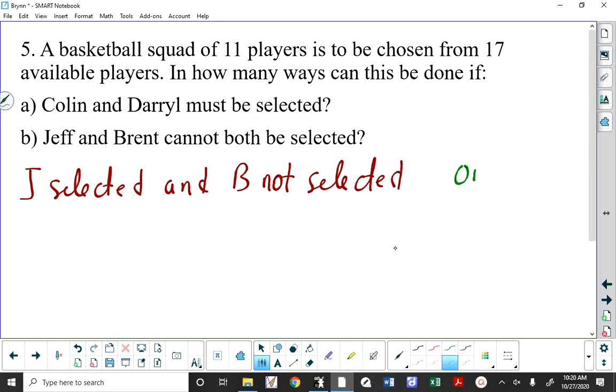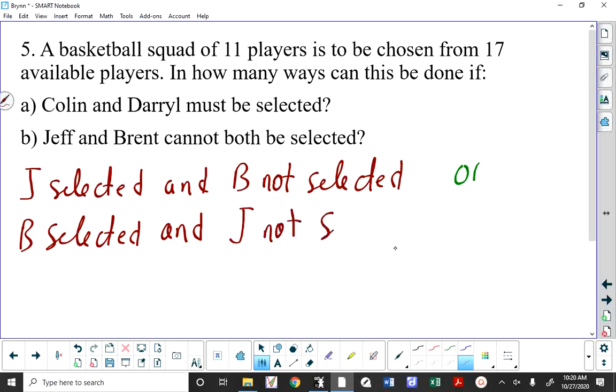Or we could have Brent selected and Jeff not selected. As long as they're both not selected. But there's a third possibility. There's another way they can not both be selected, and that's if neither one of them is selected.